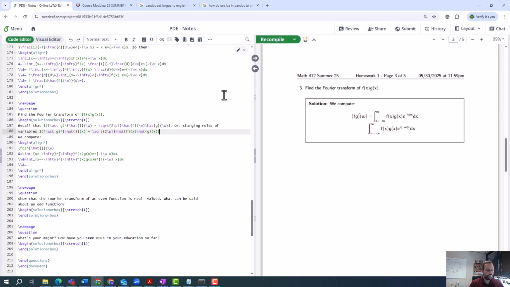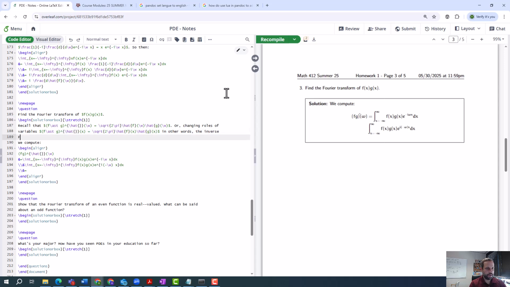In other words, the inverse Fourier transform of f of x, g of x. Again, we're thinking about x as being the Fourier transform variable now.